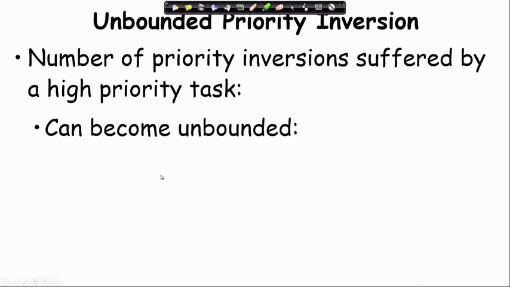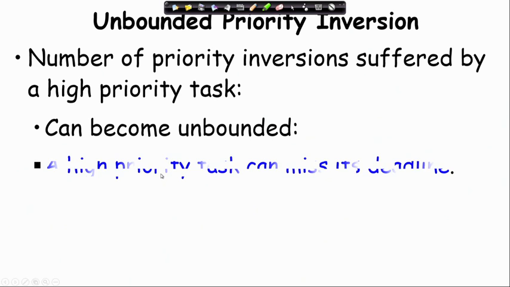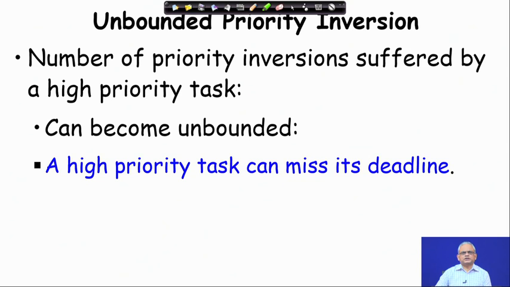In the worst case, the number of priority inversions suffered by a higher priority task can become unbounded, and this situation can cause a high priority task to miss its deadline, and therefore, every real time application developer must take adequate precaution against unbounded priority inversion, must understand what this problem is, when does it arise, and how to overcome the problem of unbounded priority inversion.